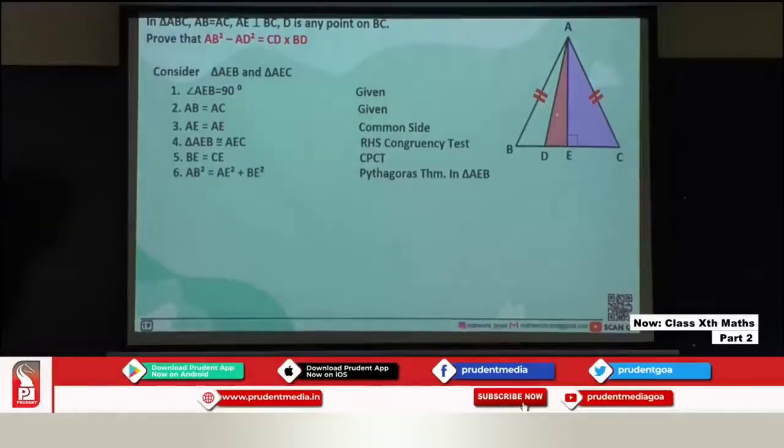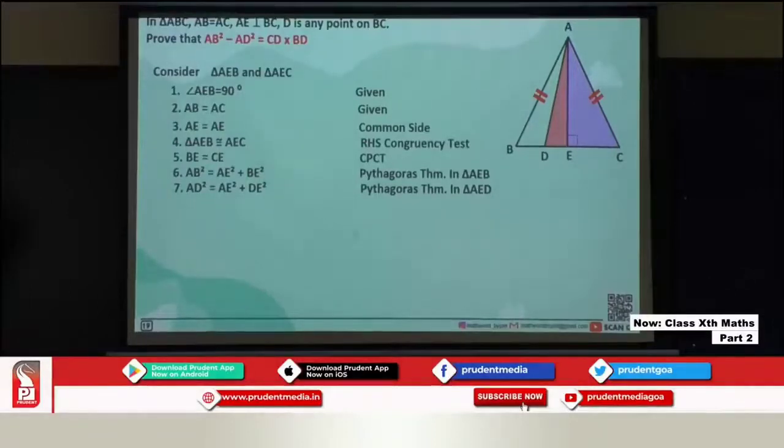Now, once I have done that, I will consider this triangle, which you can see in red, that is ADE, and I can write Pythagoras theorem for that triangle as well. So when I do that, AD square becomes the hypotenuse and is equal to AE square plus DE square, the sum of the other 2 sides.